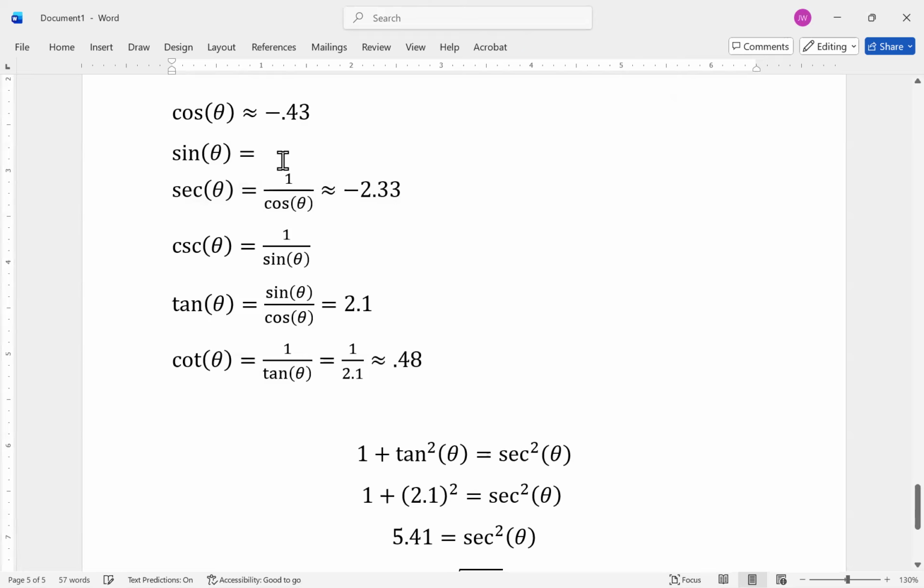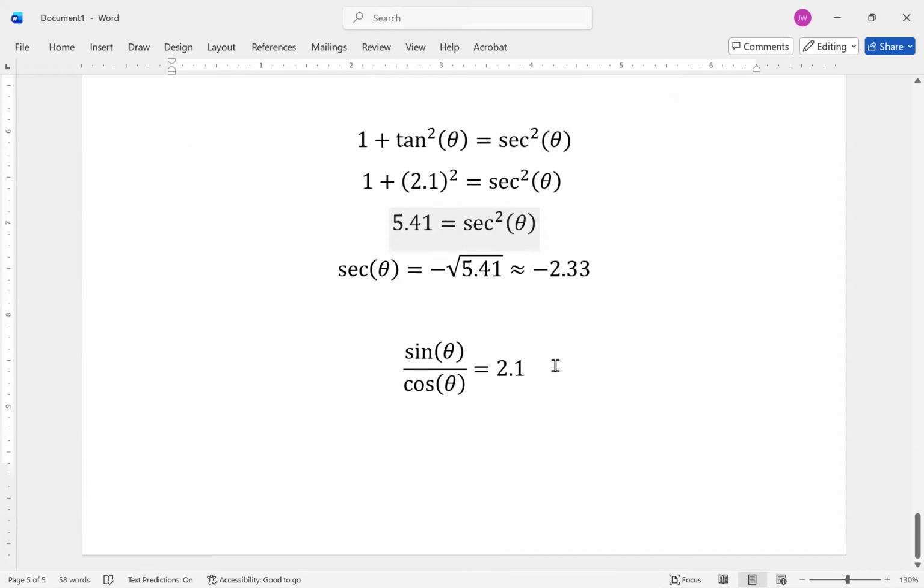Now that I know cosine and I know sine, I can use a lot of different tools if I want. I could use the Pythagorean identity to get sine, but it's probably easier just to utilize the fact of the tangent of theta is 2.1. So that means sine of theta over cosine of theta is 2.1.